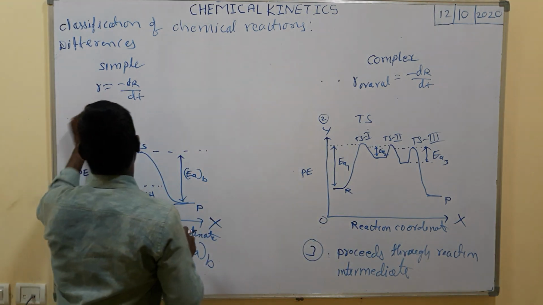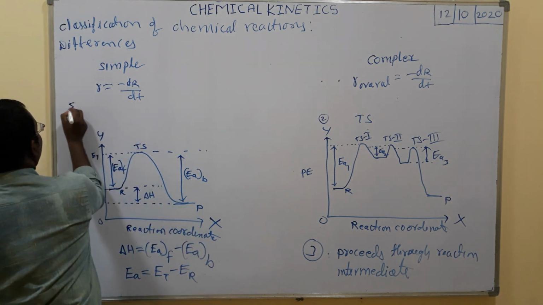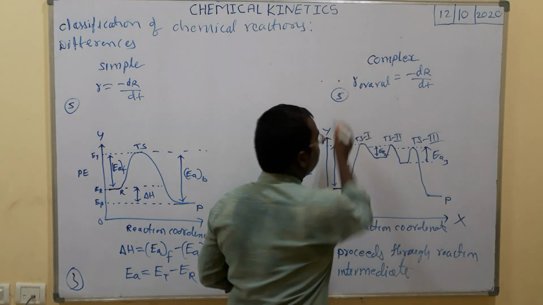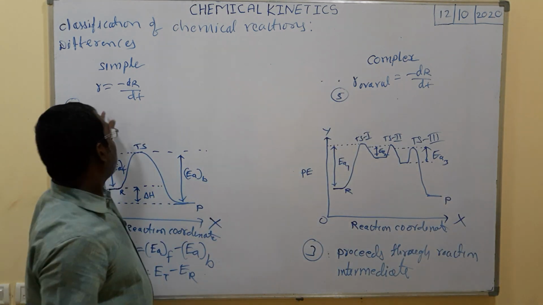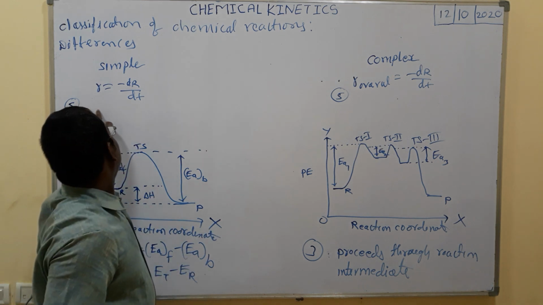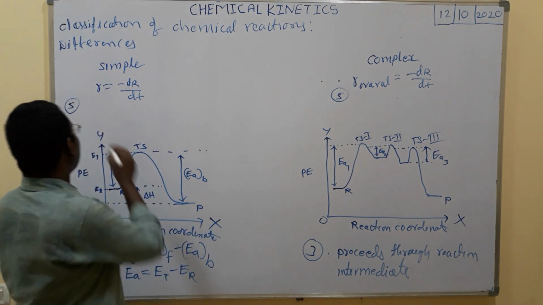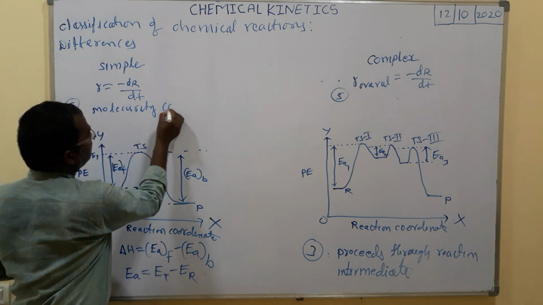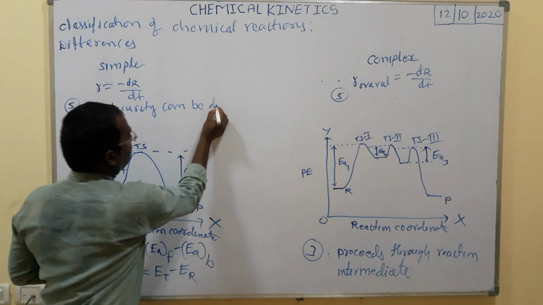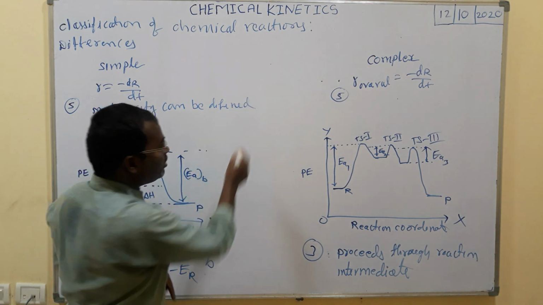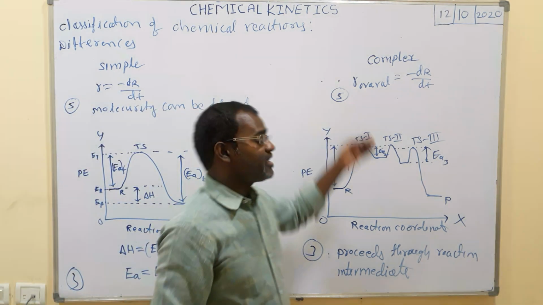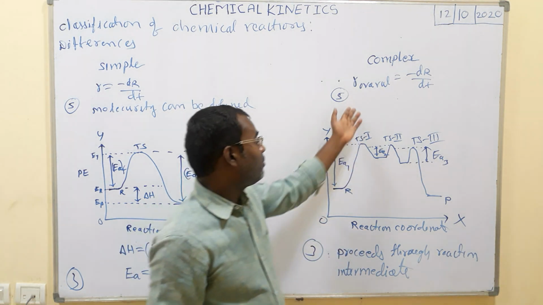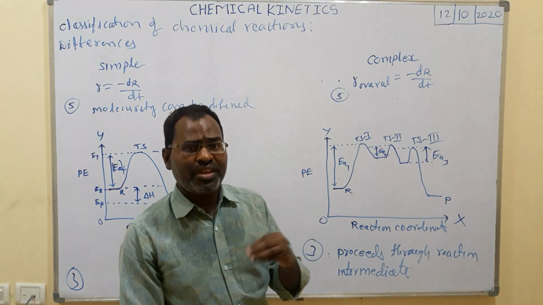And the fifth one is molecularity. Molecularity can be defined for simple reactions, whereas for complex reactions, molecularity is not defined.